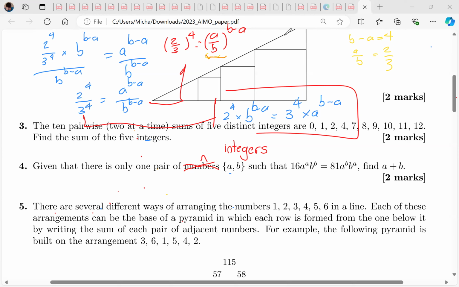Is that too light? Can you see it? I can barely see it. Okay, I'll put it in orange. So basically, we got 2 on 3 to the 4 is equal to a on b to the b minus a. So if we have a on b is equal to 2 on 3, and we have b minus a is equal to 3 minus 2, which is 4, then we get they're equal, right? So we just solve for this, basically.